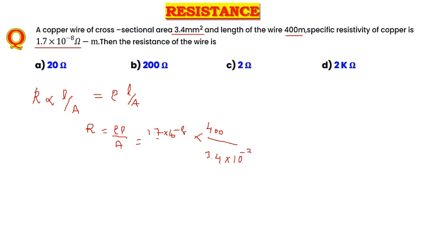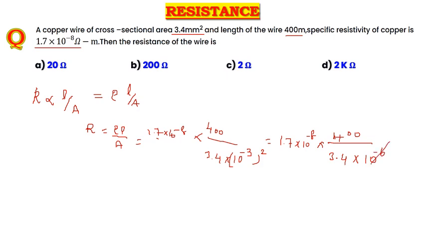We have to convert this: millimeter means 10 power minus 3, into whole square, that is 10 power minus 6. So I just write 1.7 into 10 power minus 8, then 400, divided by 3.4 into 10 power minus 6.